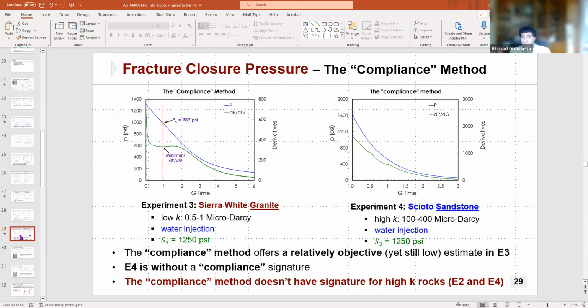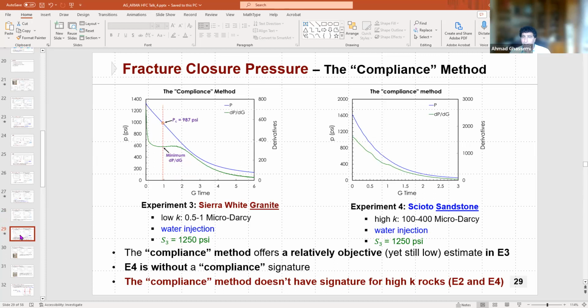There might be ways to look into the data further to try to process it and see what actual value we can extract from it. We didn't do it. We just said, okay, here is the suggested technique, and we're just going to see if we can see a signature to take the minimum or the closure pressure out of it.